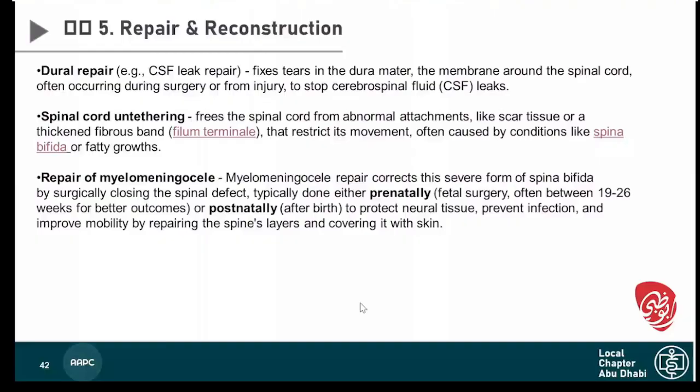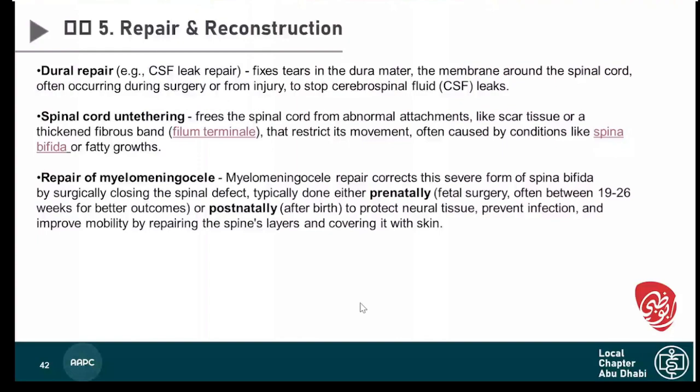It fixes tears in the dura mater, the membrane around the spinal cord, often occurring during surgery or from injury, to stop cerebrospinal fluid leaks. So dural repair is mainly for CSF leaks, and we have CPT codes for that.